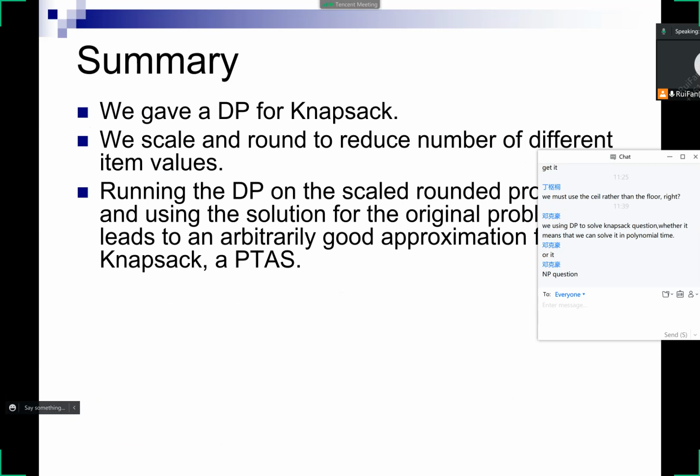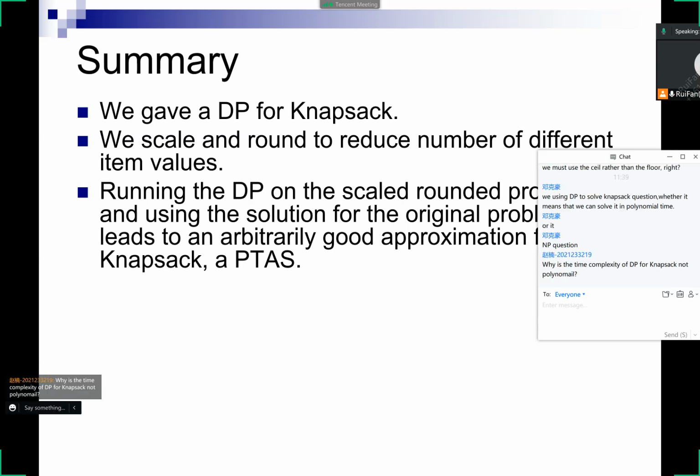But if you set epsilon to be a parameter, if you keep making it smaller and smaller, then it's not polynomial time. So the answer is that if you fix epsilon to be a constant, then yes, you can get a 1 plus epsilon approximation in polynomial time, and n cubed divided by that constant.